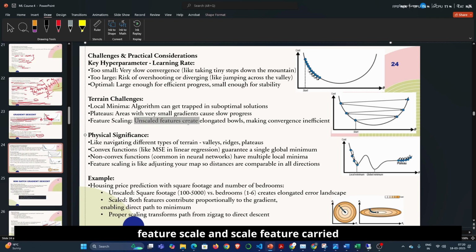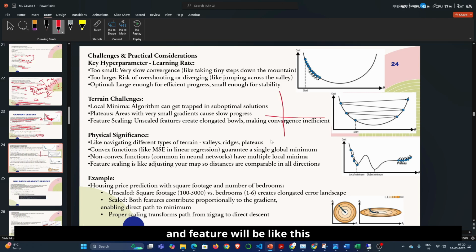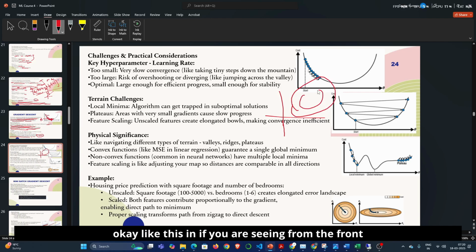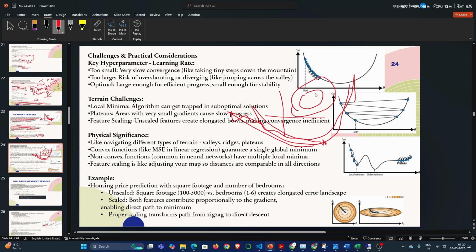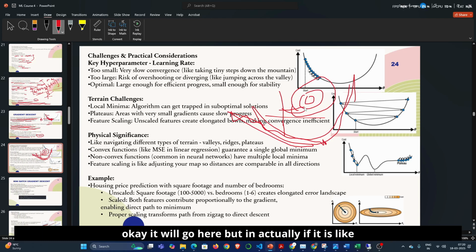Feature scaling: scaled features create less elongated bowls, making convergence efficient. You can see here, I can show you. Unscaled will be like this, okay, like this, if you are seeing from the front, elongated, so it will take time to go here, okay, it will go here.